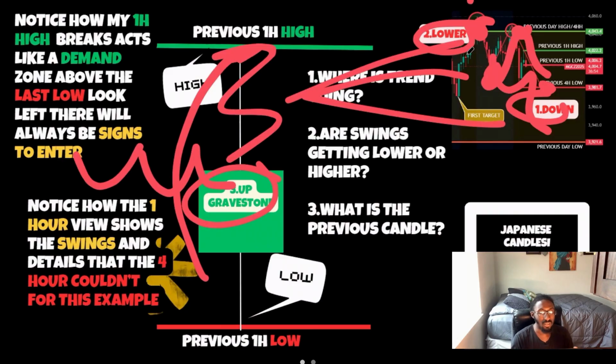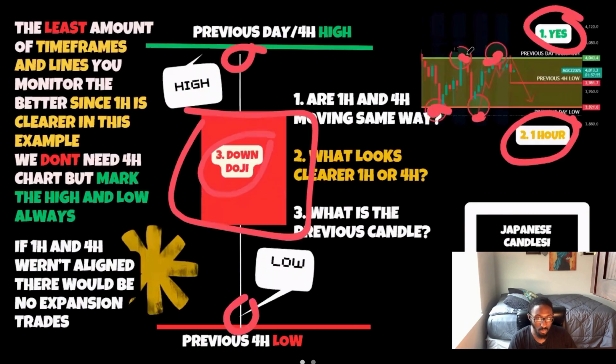Which means if this is a 60-minute candle, then 40 minutes of this candle was just going up. And then out the blue, the last 20 minutes just brought it down and closed 80% bearish, 20% bullish. It's not about the color of the candle, it's about where the candle closes.